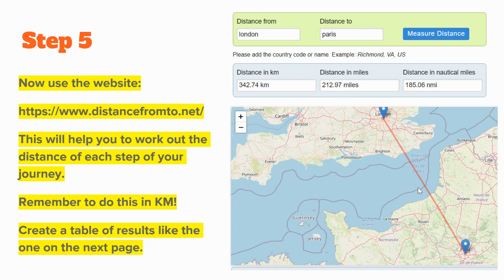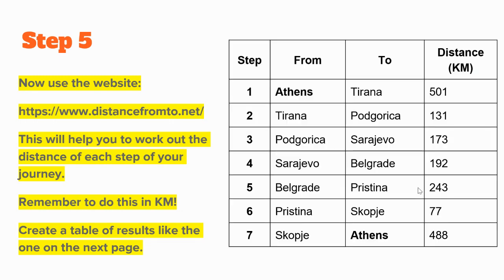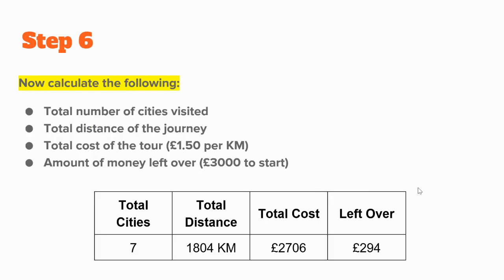Step 5, you can use this website. It's called distancefrom2.net. It will show you the distances between capital cities. Step 6, create some sort of table to show where you've gone from, where you're going to, the distances you've traveled, and eventually you'll be able to calculate the total cost of your journey too.